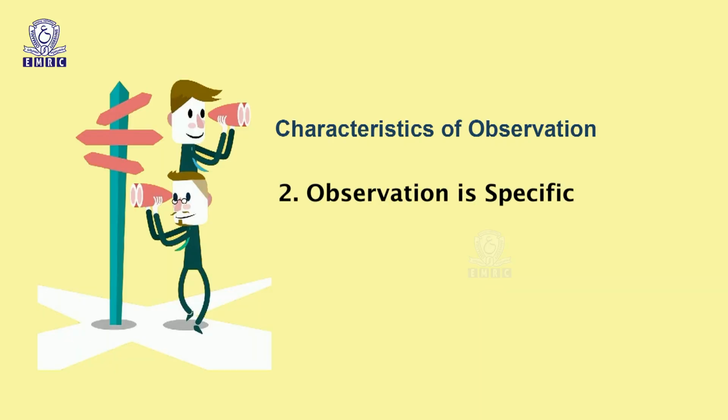Second characteristic is that observation is specific. That means it is not just looking around for general aspects of human behavior. Rather, it is directed at those specific aspects of the total situation which are assumed to be significant from the standpoint of the purpose of the study.